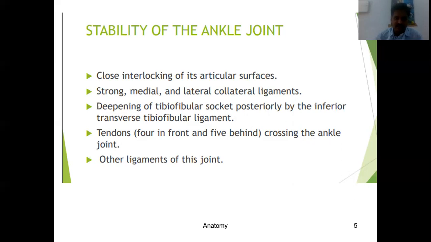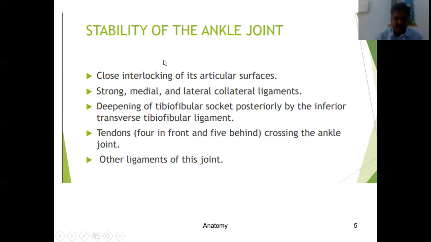Apart from these structures, we have the tendons crossing the joint in front and behind, 4 tendons in front and 5 tendons behind. Apart from the tendons, we have the other ligaments of the joint that make the joint stable. So it is a tightly packed and highly stable joint.